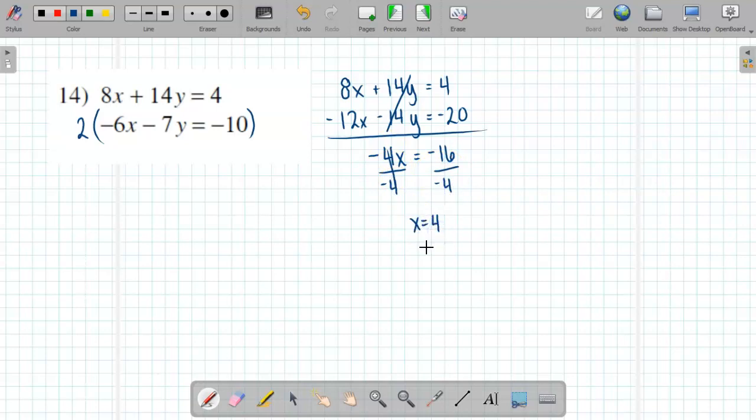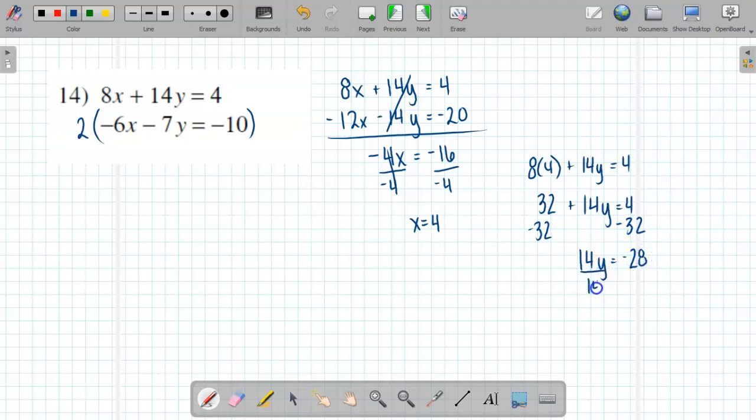So then I'm going to take that 4, I've got to plug it back into one of the original equations. So I would say 8 times 4 plus 14y equals 4, so that's 32 plus 14y equals 4. I'm going to subtract 32. So 14y equals negative 28.